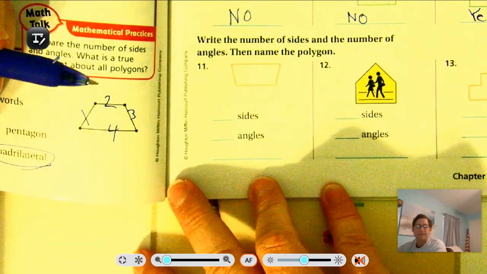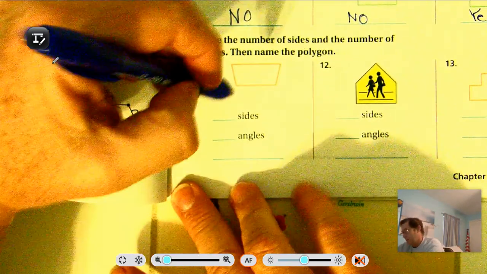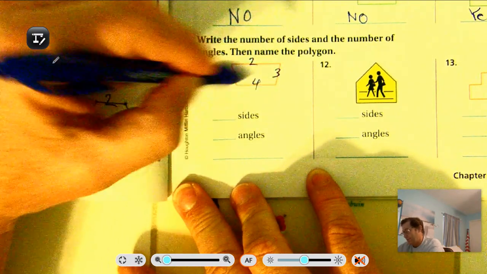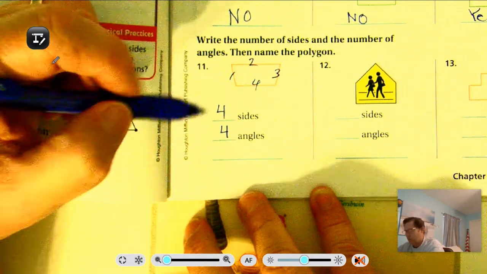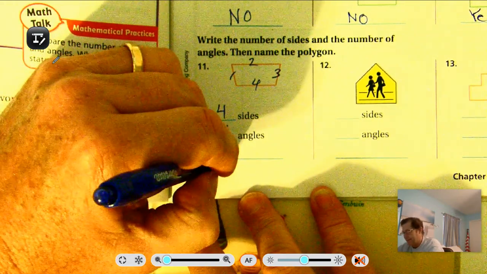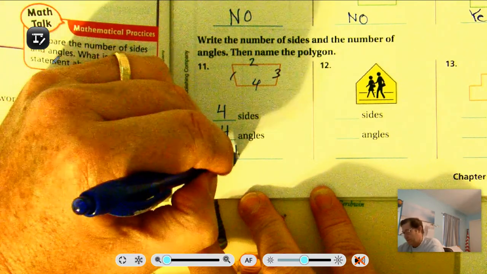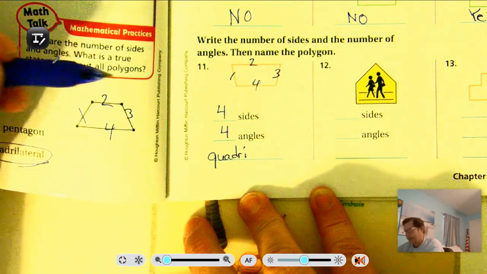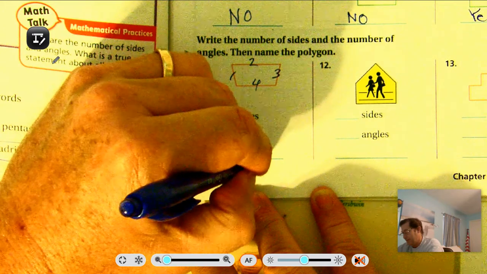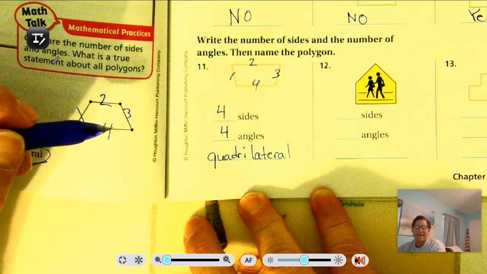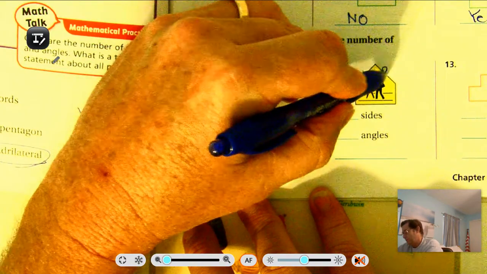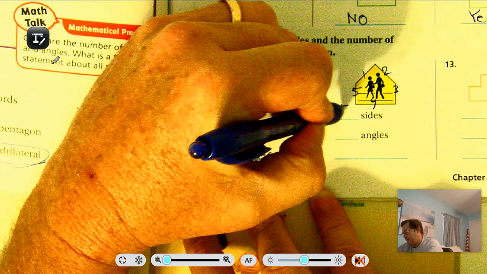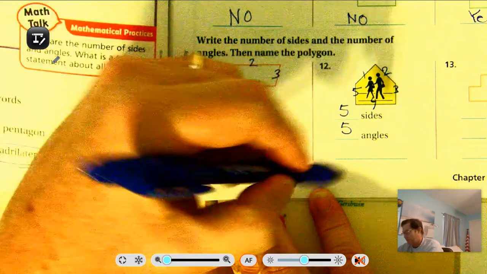Number 11. Write the number of sides and the number of angles, then name the polygon. 1, 2, 3, 4. 4 sides, 4 angles, quadrilateral. Quad, Q-U-A-D, quadri, R-I, lateral, L-A-T-E-R-A-L, quadrilateral. Number 12. 1, 2, 3, 4, 5. 5 sides means it has 5 angles.